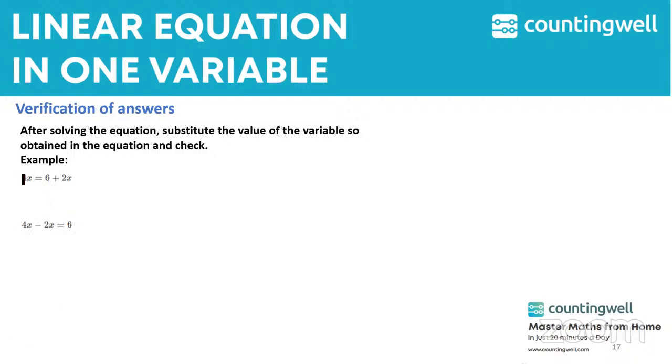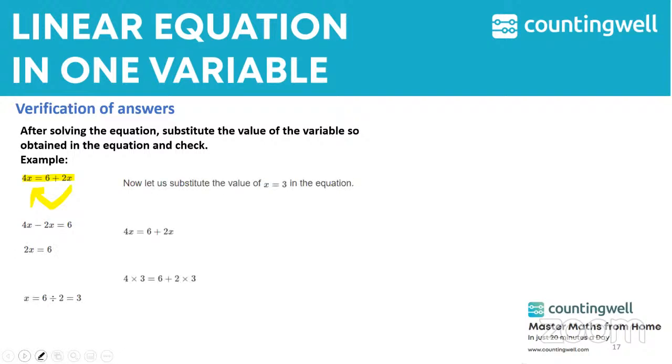For example, let us solve this. Okay, we are transposing 2x. So we have 4x minus 2x equals 6. So 2x equals 6, and x equals 3. Now let us check whether x equals 3 is the solution of that equation or not. So we substitute x equals 3. So we have 4x meaning 4 into x.